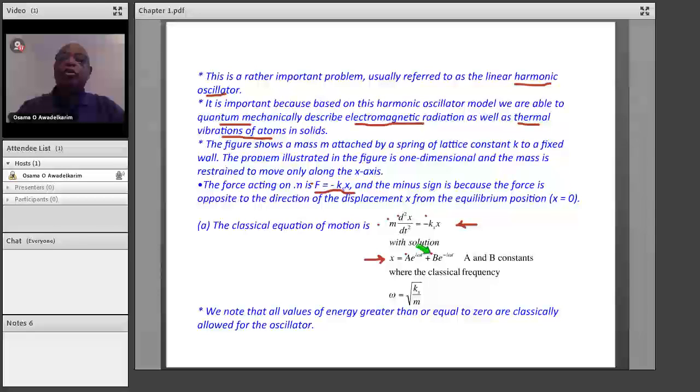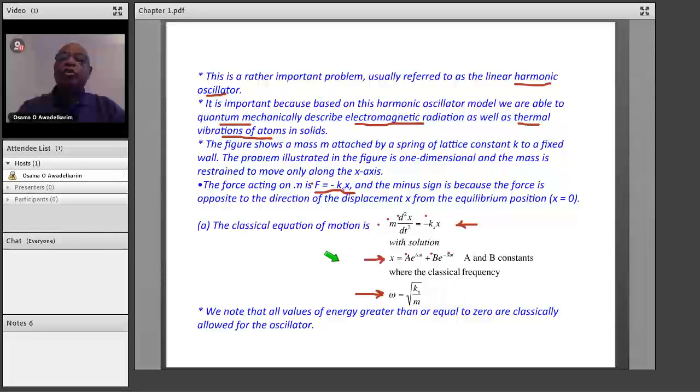It's sine cosine oscillations. And we have an angular frequency omega for this oscillation, which is given by the square root of Ks, the spring constant, divided by m.